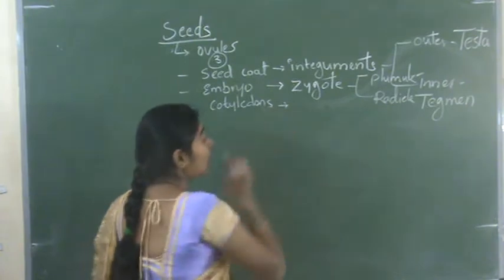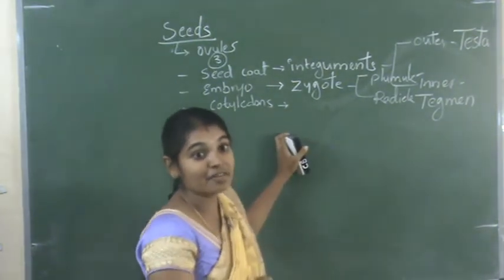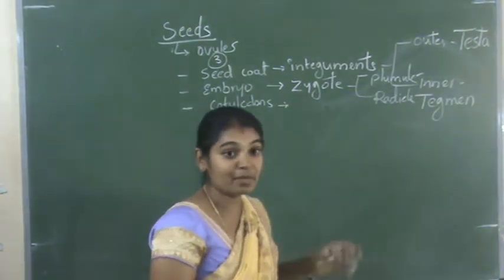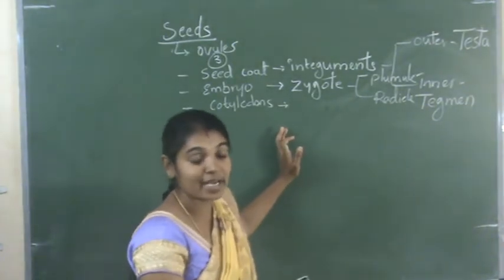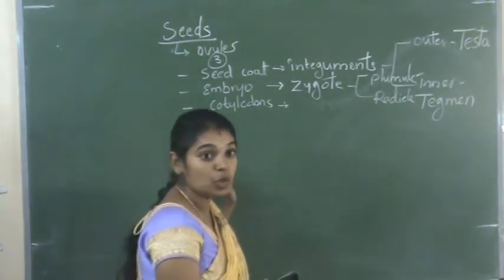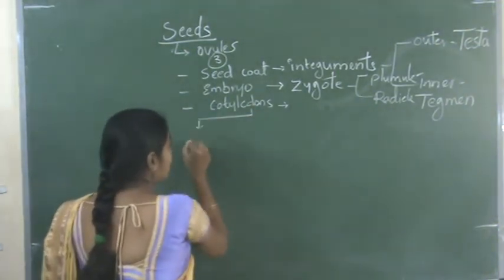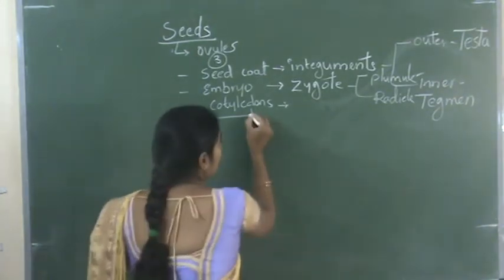And then the cotyledons. In angiosperms, the number of cotyledons is different in different plants. According to the number of cotyledons, the angiosperms are divided into two classes: dicots and monocots.